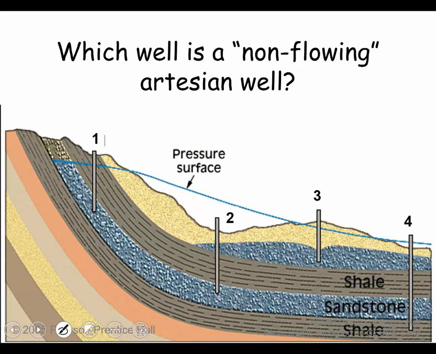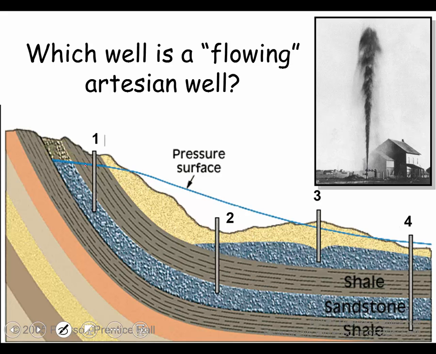Okay, so that would be a flowing artesian well. So which of our wells is a non-flowing artesian well? 1, absolutely, because the pressure surface, the water will rise, but not to the surface. So you can see where this is going, which of the wells is a flowing artesian well? 2, absolutely, because it's going to try to go all the way up to here. So this quite literally is a picture of an artesian well flowing.